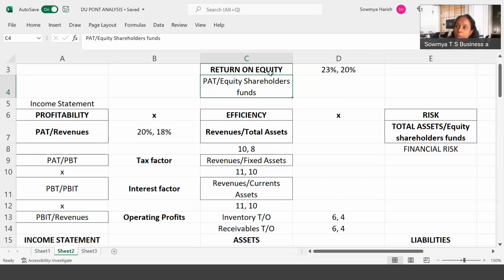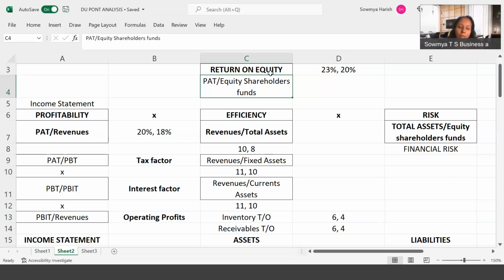That's why with this one ratio, it's fair enough for us to know in which direction the firm is moving, whether it is moving in the right direction or not. And whatever the direction, what is the cause for that direction? That also we will get to know by decomposing the ROE with the help of the DuPont model.